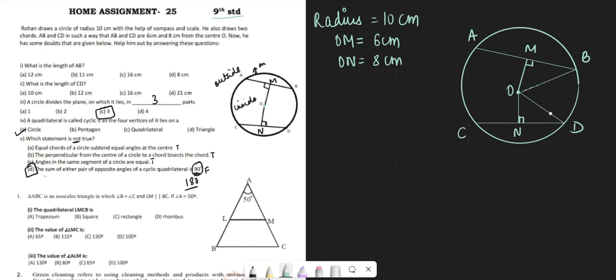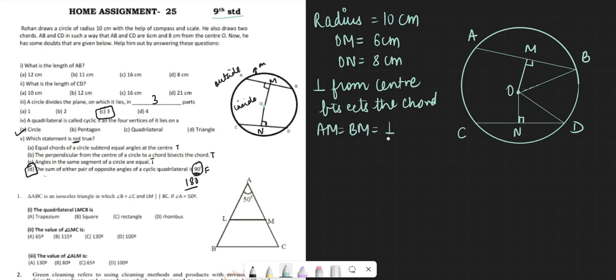Right? So we know the perpendicular from the center bisects the chord. This is something we need to remember. So we know that AM is equal to BM is equal to half AB and CN is equal to DN is equal to half CD. Okay?